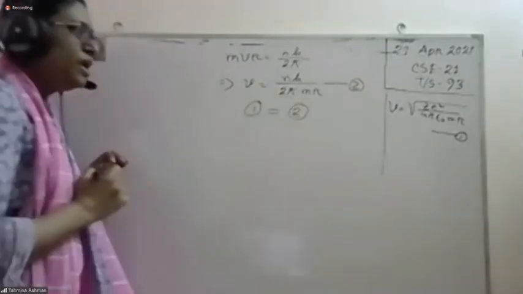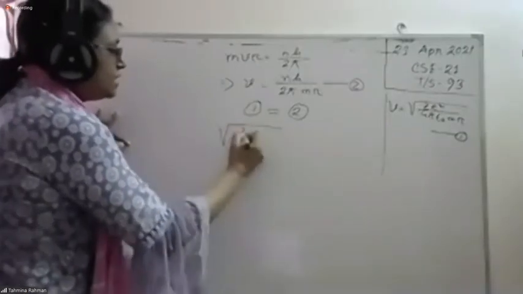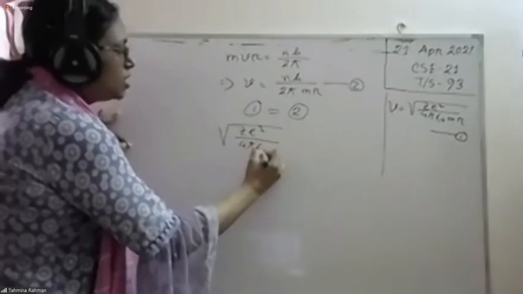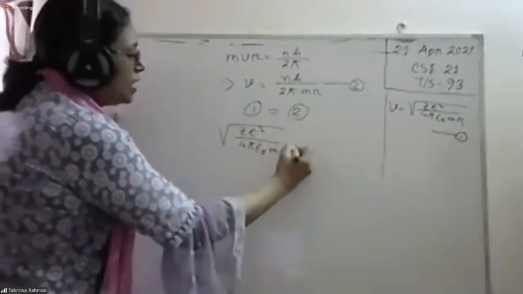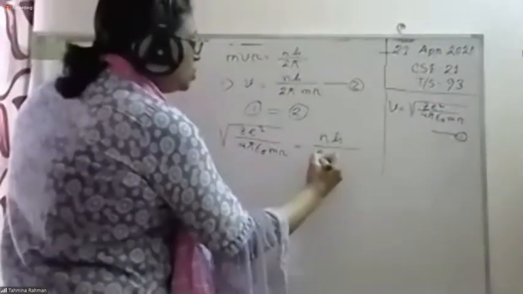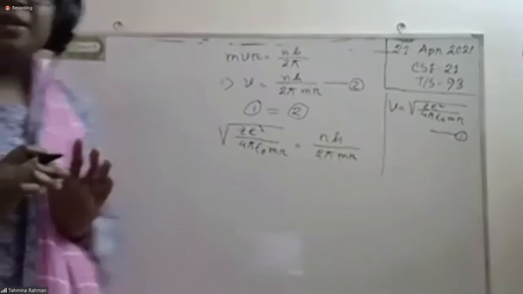Okay, so equation number 1 again, that is Ze square divided by 4 pi epsilon naught mr equal to nh by 2 pi mr. Very simple.